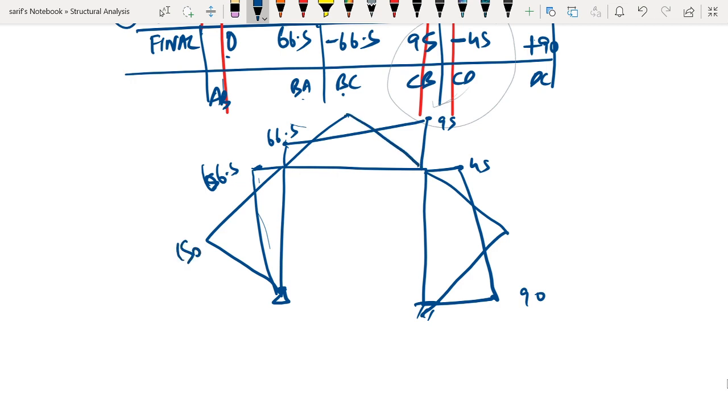This is 150, this is also 150 and this is 100 from the previous example. So this is positive, negative, negative, positive, negative, negative, positive, negative. Okay, so this is our active bending moment diagram.